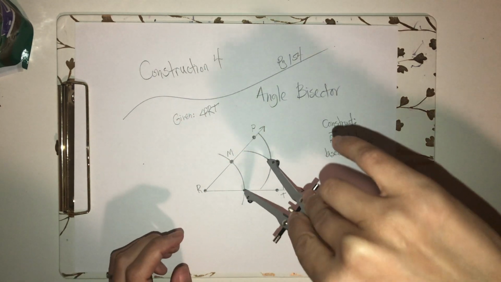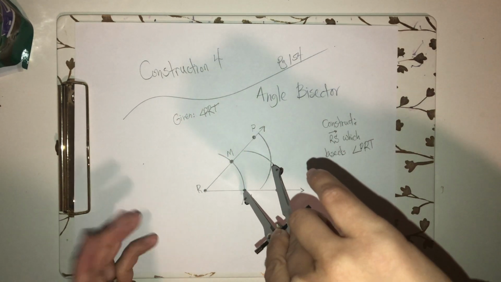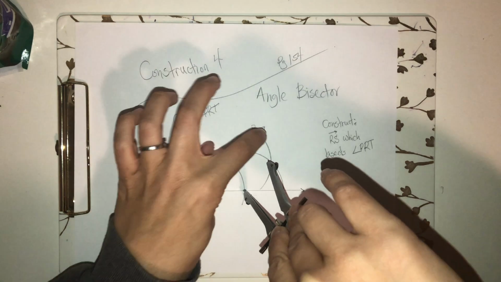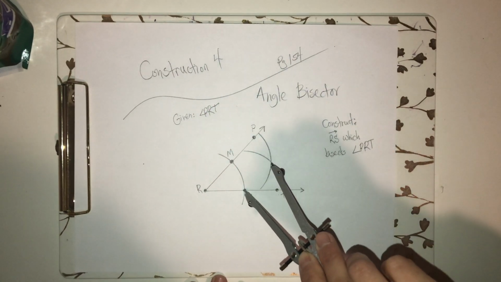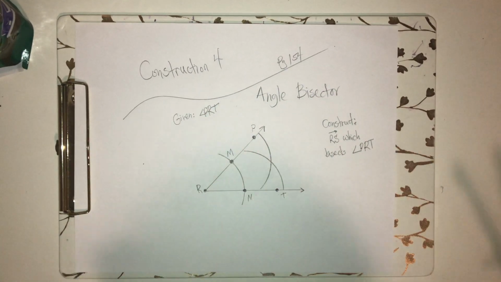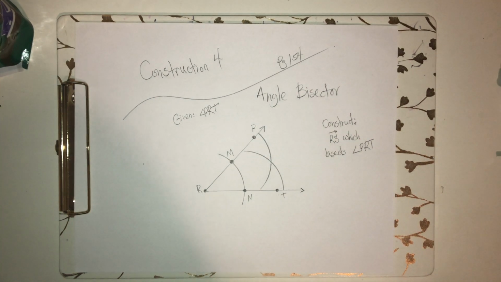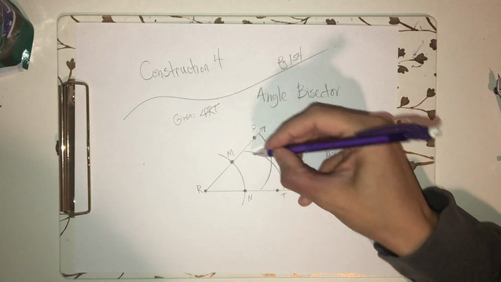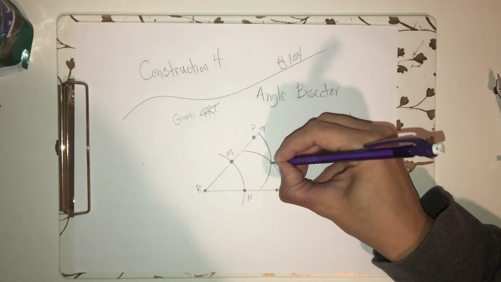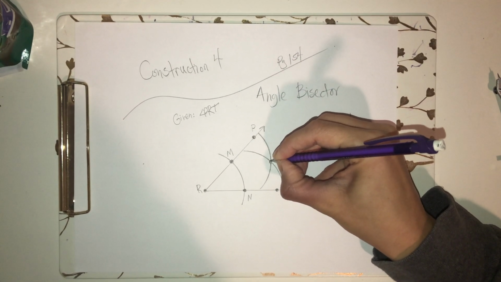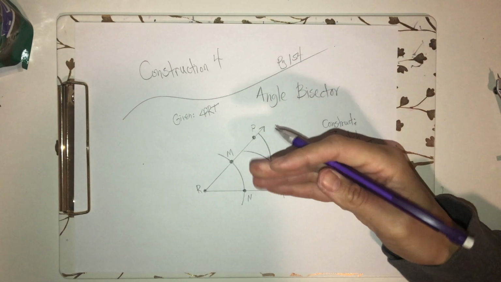You could make it super minimal and just go boop, that's enough. I just want to intersect with that second arc that I made. That'll be sufficient as well. You just want to make sure that you capture the intersection point between those 2 arcs. But I like to make kind of long arcs sometimes. It just is somewhat aesthetically pleasing for the figure.